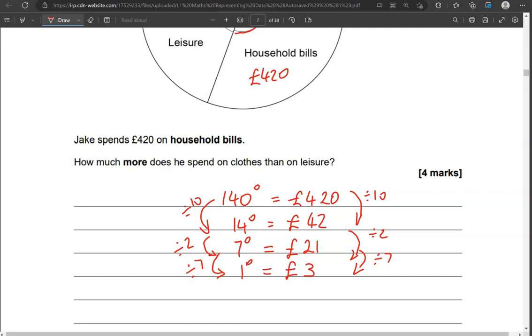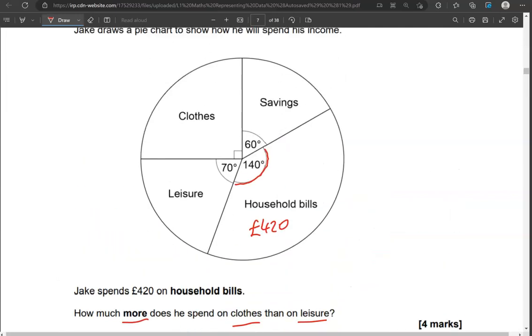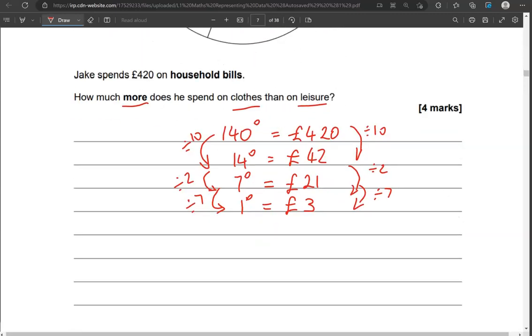Now, to answer the question, how much more does he spend on clothes than on leisure? So clothes, that's represented by 90 degrees. So that means one times 90 gives us 90. 3 times 90, that is 270. So you multiply 3 by 9, which gives us 27, and then you just add the 0.